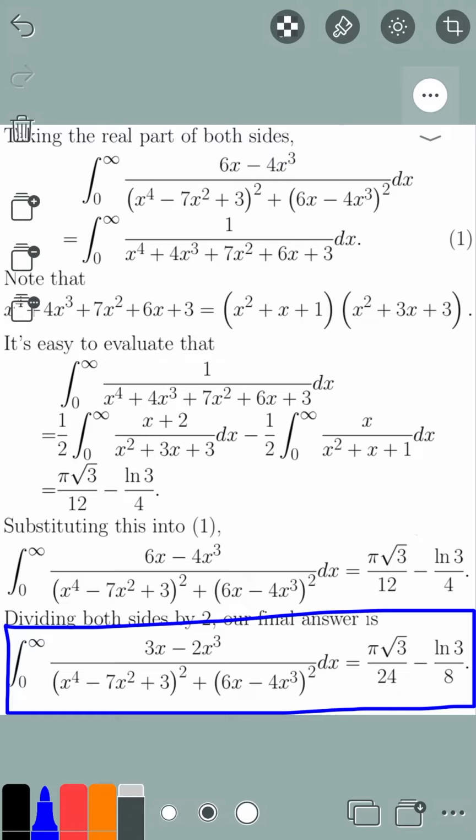So we're dividing both sides by 2, so the numerator 6x minus 4x cubed divided by 2 gives 3x minus 2x cubed, over (x to the fourth minus 7x squared plus 3) squared plus (6x minus 4x cubed) squared dx, is equal to pi times square root of 3 over 12 minus natural log of 3 over 8.